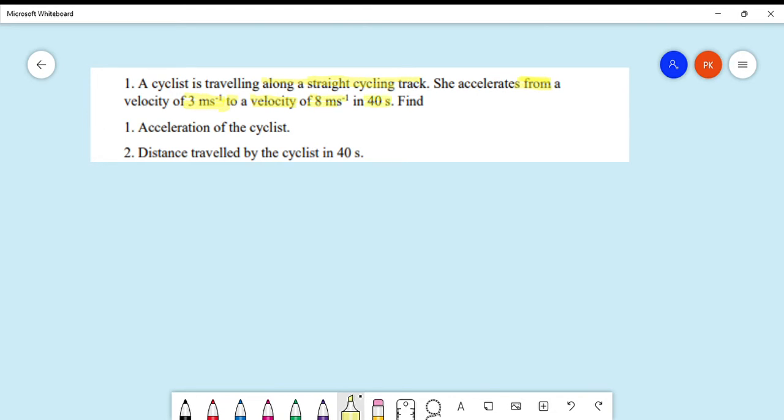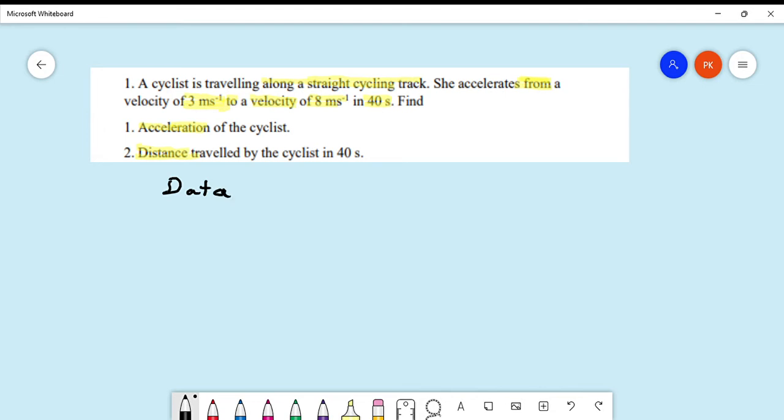Find the acceleration of the particle in the journey and the distance traveled in this 40 seconds. So, let us write the data first with proper symbols.